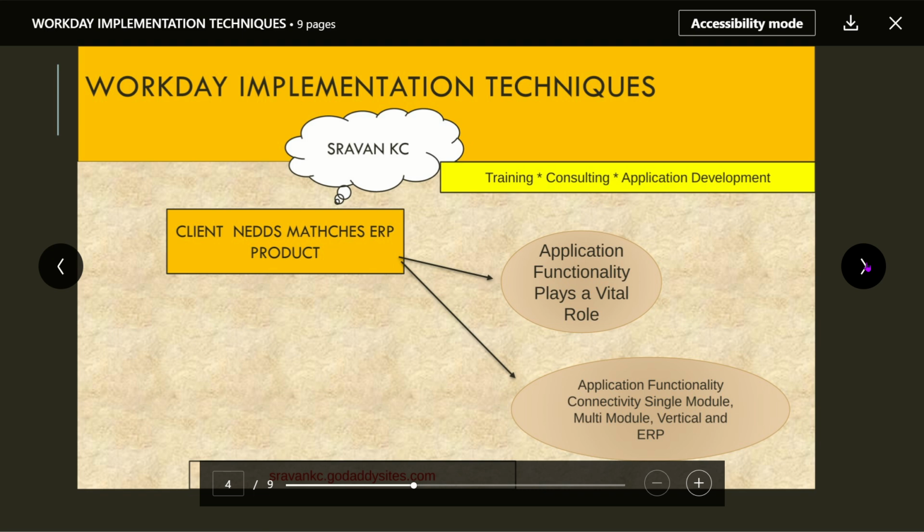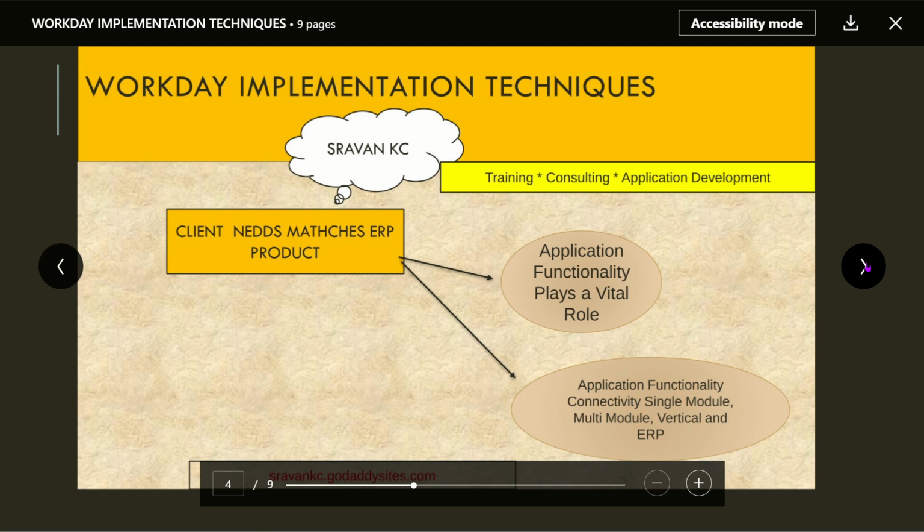To capture the application functionality, one must thoroughly understand the field level concept. Once the field level concept is thoroughly understood, it is very easy to understand the client's needs in implementation. Application functionality plays a vital role, and then the connectivity part plays a vital role.